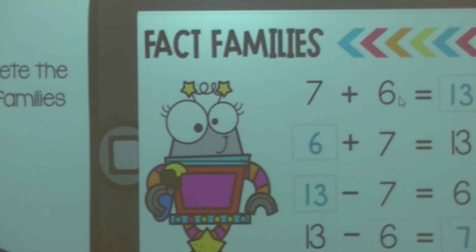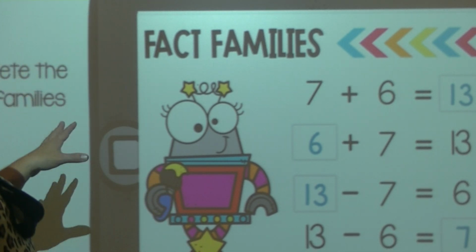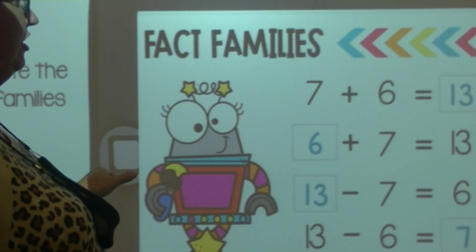So at home, when you pull yours up, it will look like this. It's a whole presentation of fact family pages that you can work on.